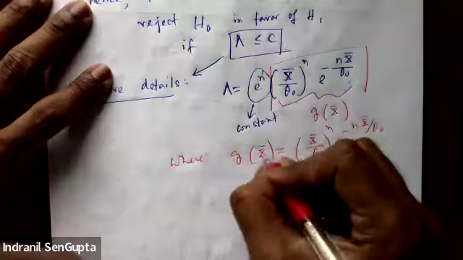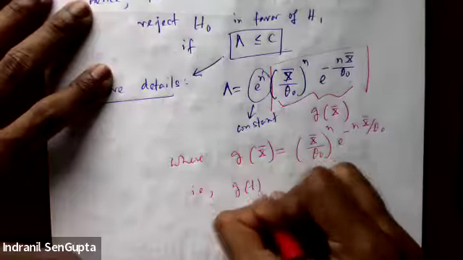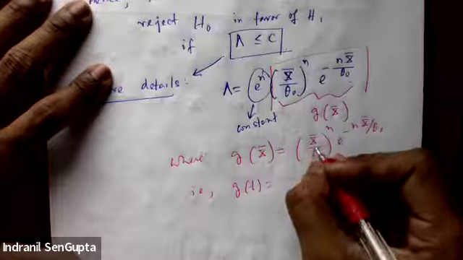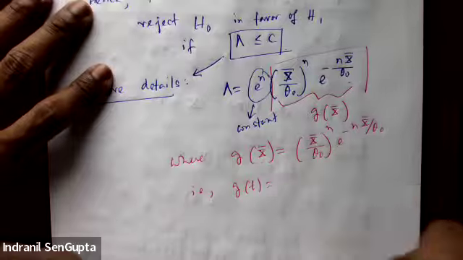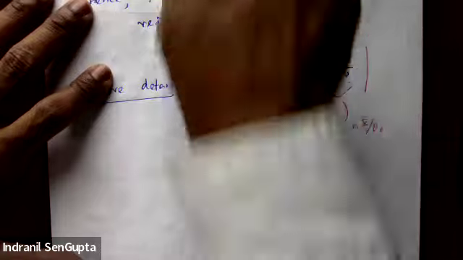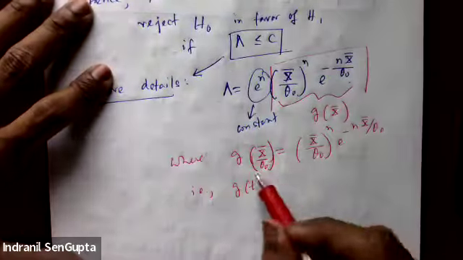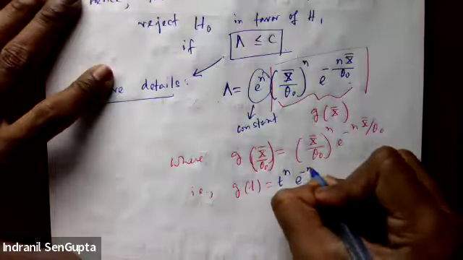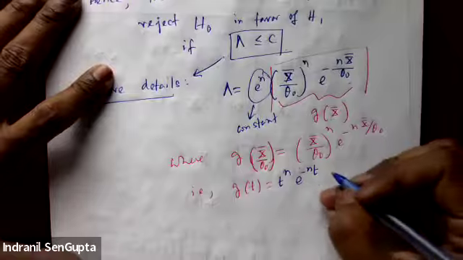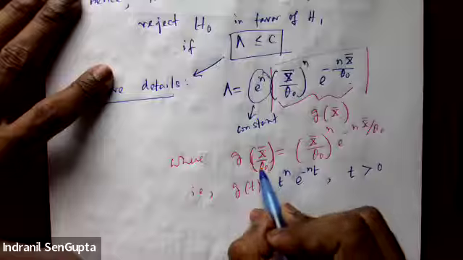I don't want to keep repeating x bar again and again, so I'm writing a function g of t, where t is x bar over theta 0. So g of t is t to the n e to the minus nt, with t bigger than 0 because x bar and theta 0 are both bigger than 0.